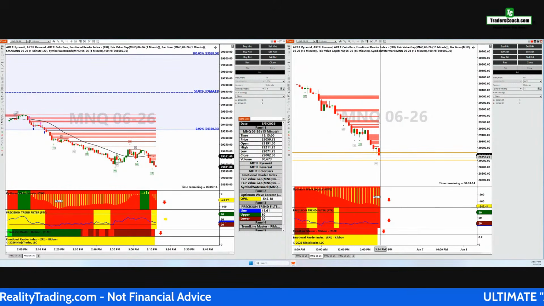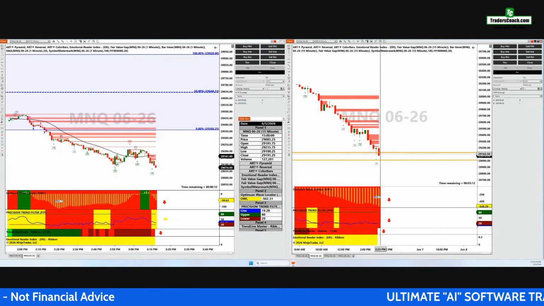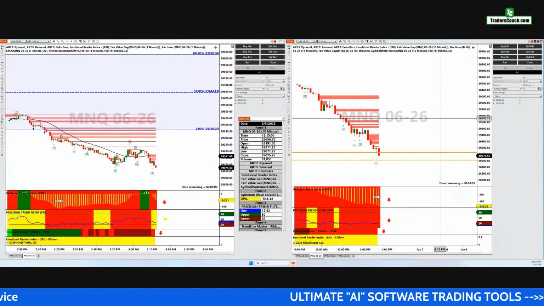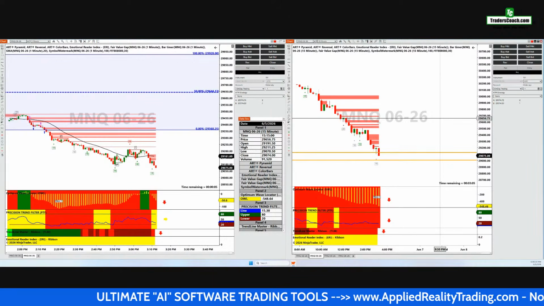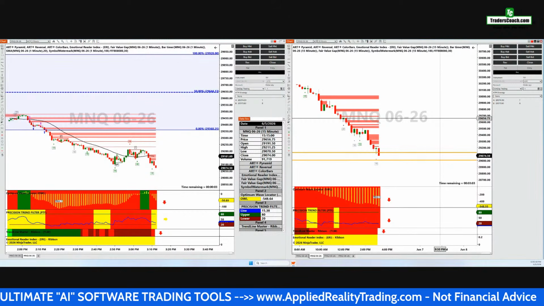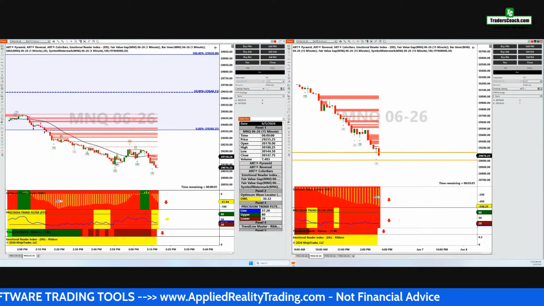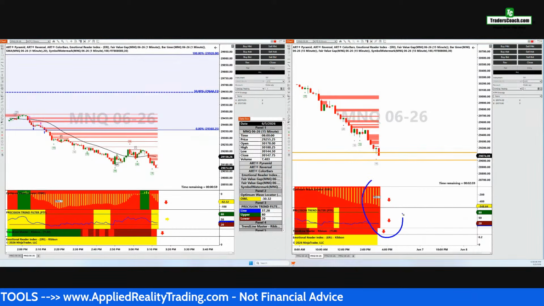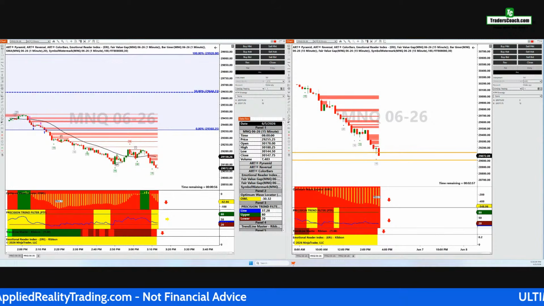Now, if we get a reversal here and turtle soup this bottom here, that could be pretty interesting. But I think we're going to that second equity. I think that's where we're headed. I mean, look at the 15-minute. It's just so bearish.